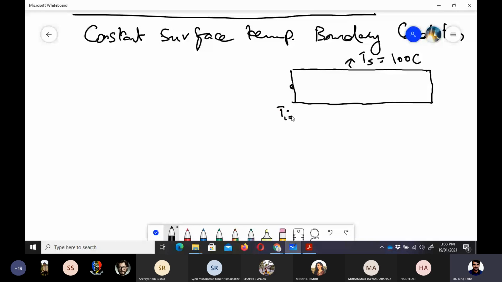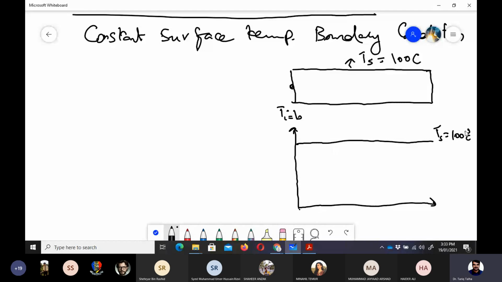Now if I show it here in the graph, along the length I have the same temperature, Ts equal to 100 degrees centigrade, and at the inlet I have Ti equal to 10 degrees centigrade. When the fluid comes into contact with the pipe surface at the inlet, we have the maximum temperature difference, and we know that Q is equal to h into Ts minus Tm.